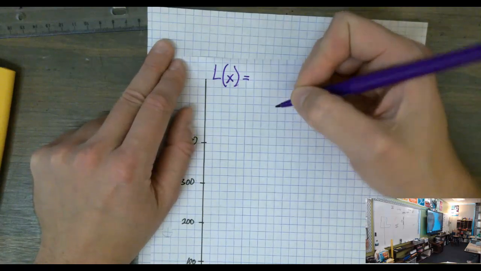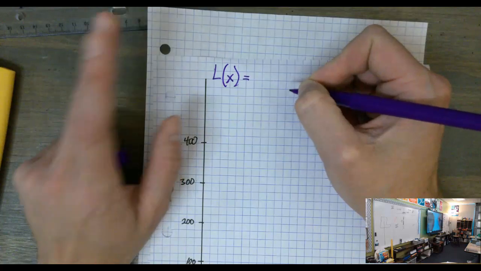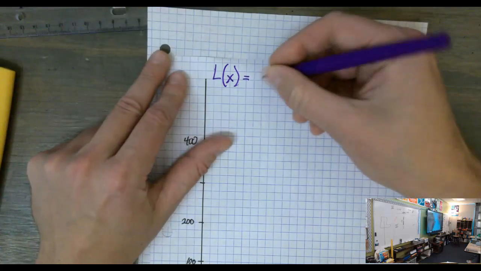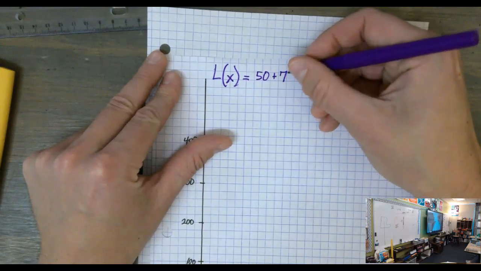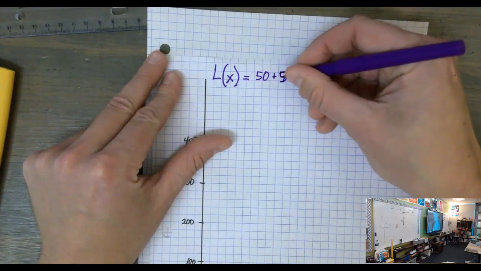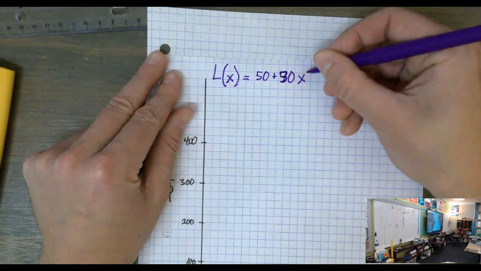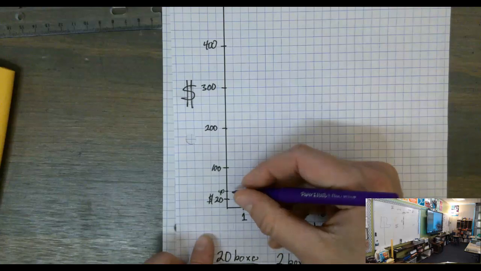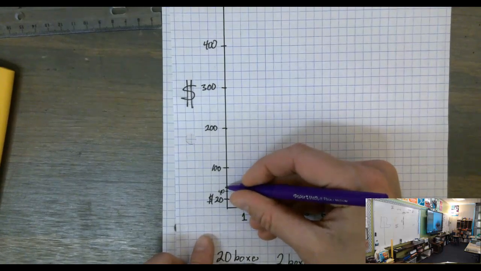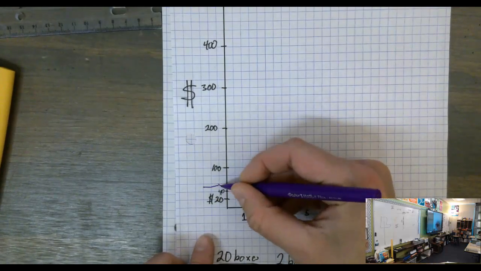We could write mx plus b, but we don't have to do it in that order. So I could write Latanya started at 50 and then went up 30 per week. So for Latanya, I'm going to start at 50, which is there.